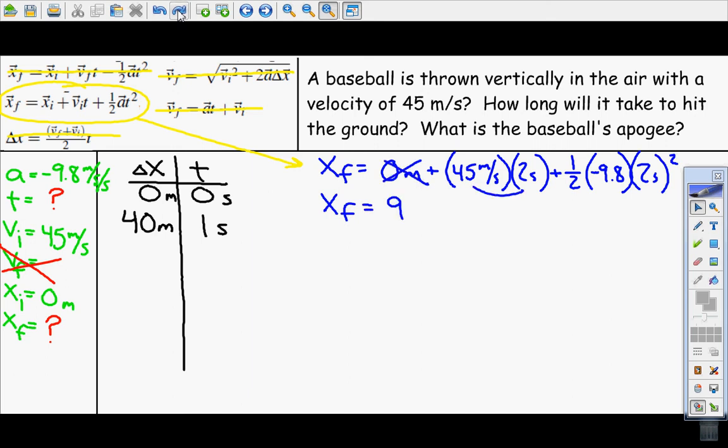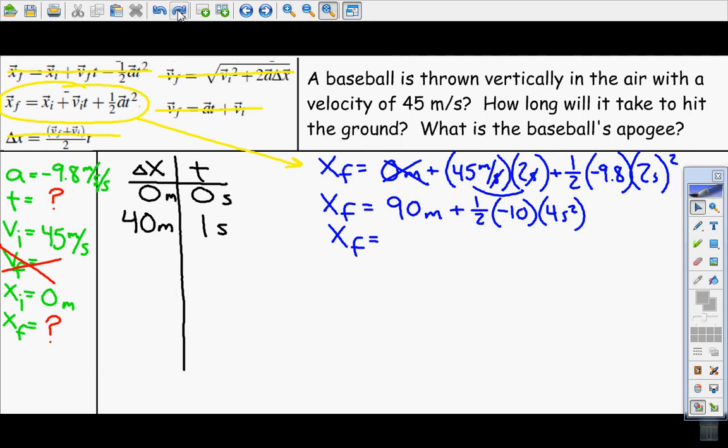And when I multiply 45 meters times 2 seconds, I get 90 meters, and the seconds have canceled out there. Plus 1/2, and I'm going to estimate this to be 10 meters per second every second, times 4, because 2 squared is 4, and s squared is second squared.